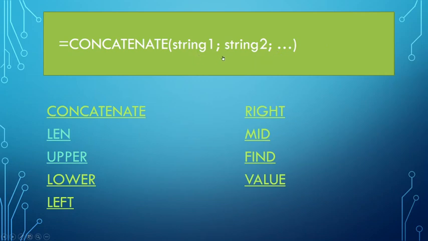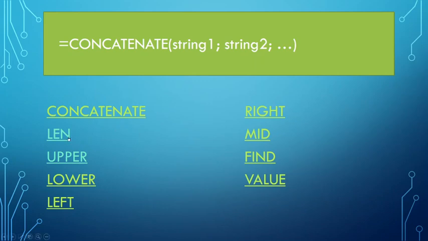You will see in the example that we're going to do just now, the string or the text does not necessarily have to be a cell reference, but it can also be a text that we add ourselves, or it could be a space. And those texts that we add ourselves or spaces are put into quotation marks, but I will show you just now.